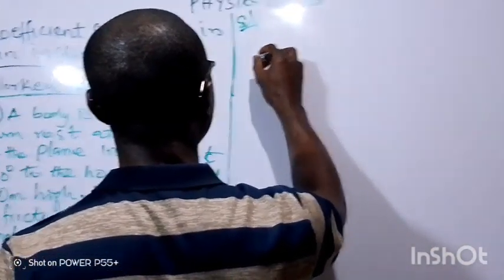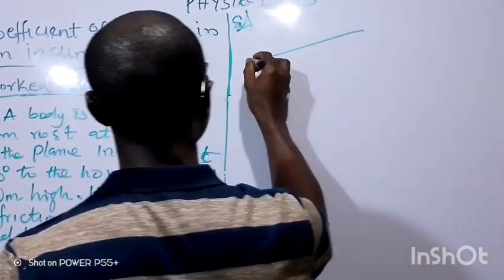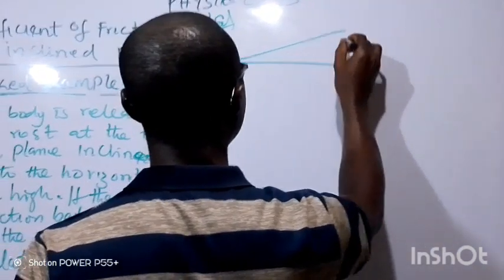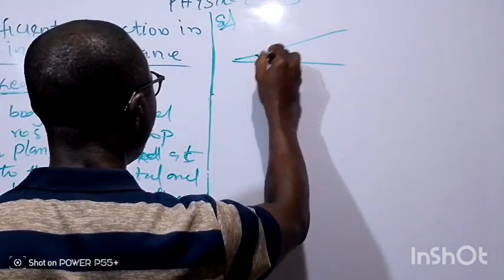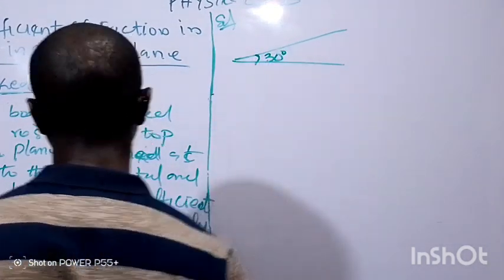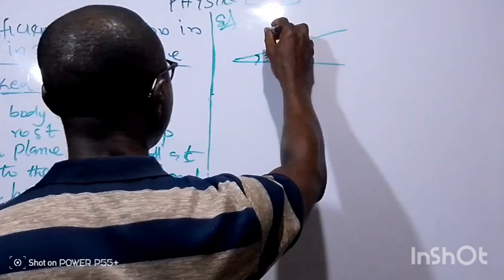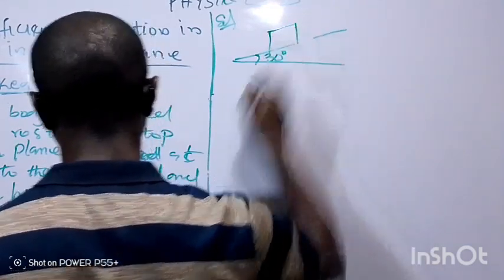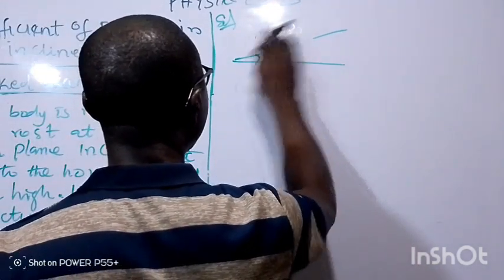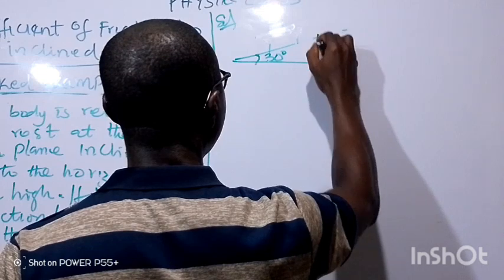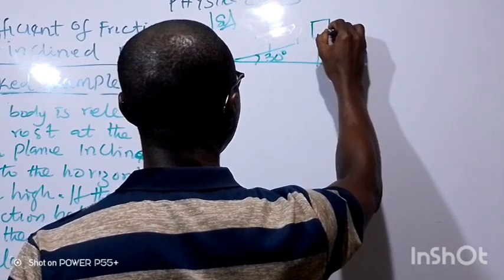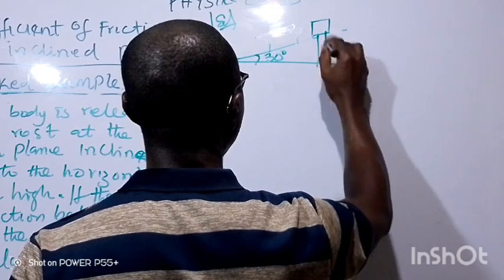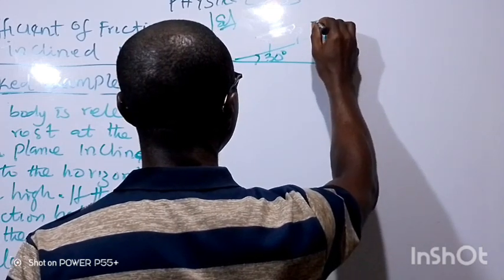This is the inclined plane. The angle of inclination according to the question is 30 degrees. Let's say this is the body. But the question says the body is released from the top of this plane.